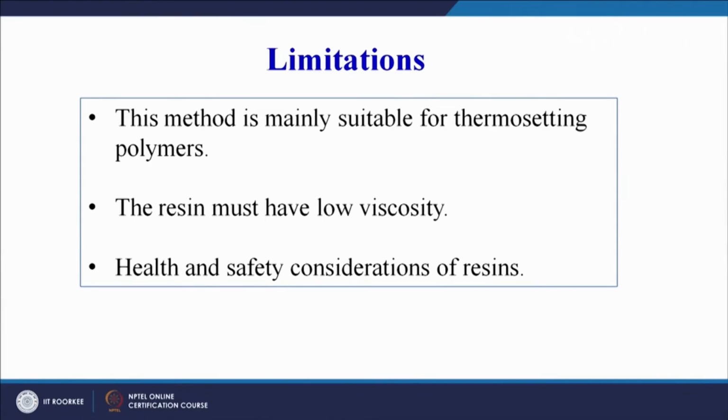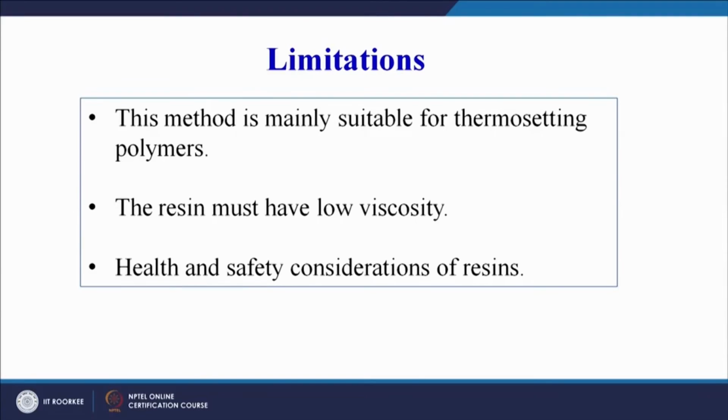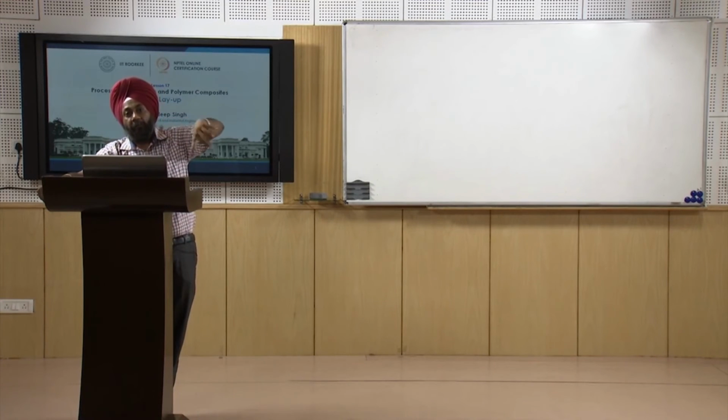What are the limitations? This method is mainly suitable for thermosetting polymers, which I have already highlighted. Epoxy and polyester are the major thermosetting polymers which can be used in the hand layup process. The resin must have low viscosity, that is another requirement, because the resin has to impregnate and wet the fibers completely so that we can get a good composite material.